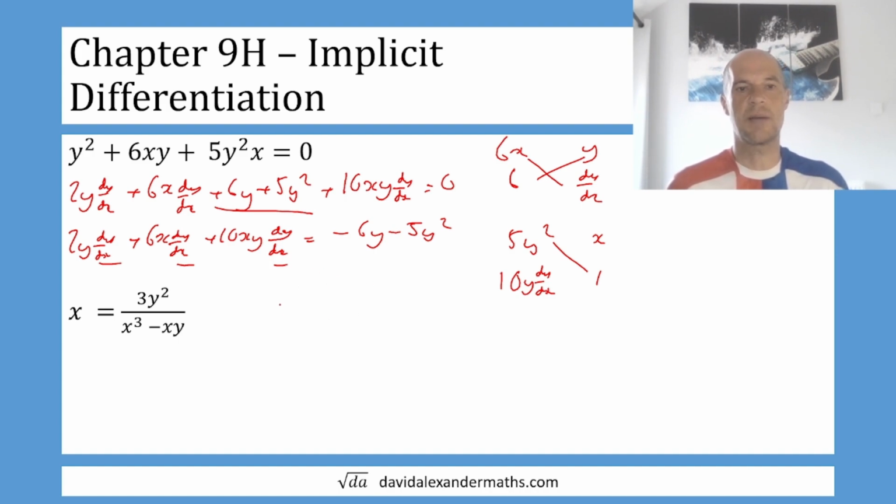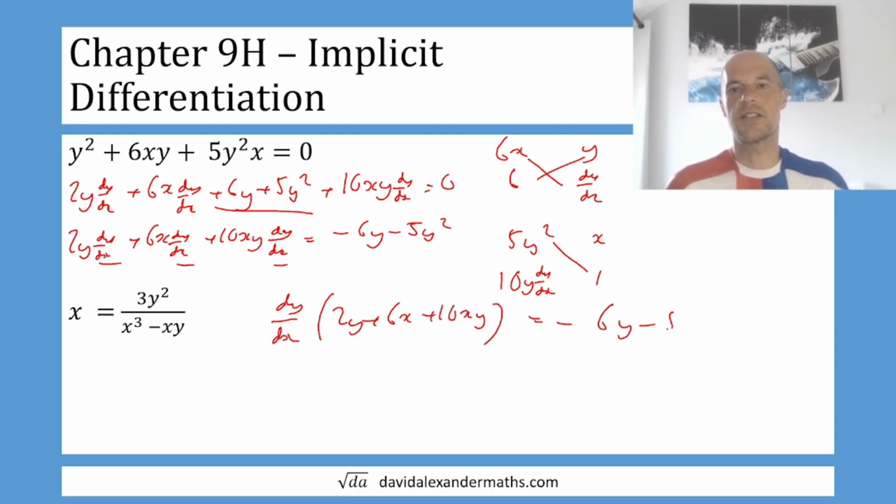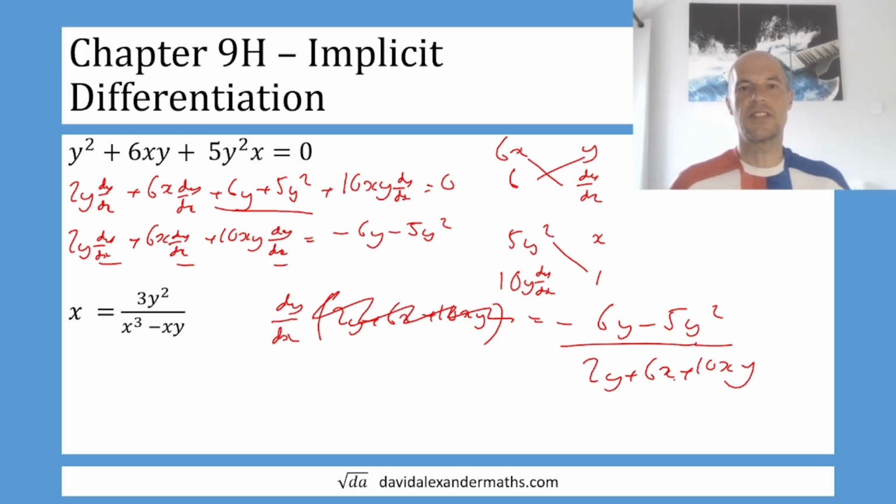Let me just write that out perhaps. So I've got dy by dx coming out the side there, 2y plus 6x plus 10xy equals negative 6y minus 5y squared. So now I just need to divide both sides by 2y plus 6x plus 10xy, and that is my dy by dx there.